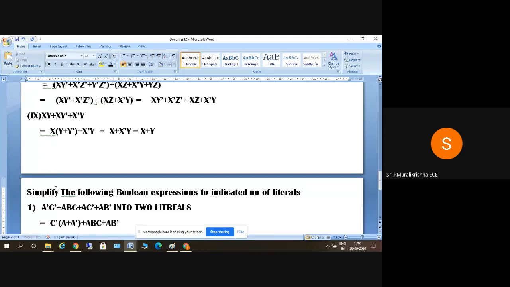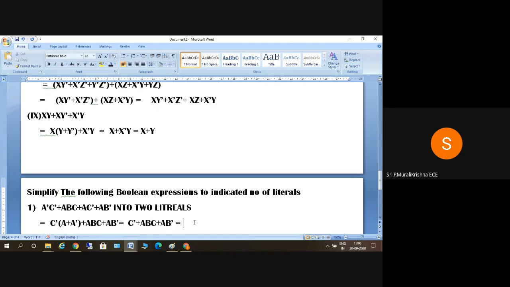If I take C bar as common here, this will be the equation: C bar plus ABC plus AB bar. Sorry, it's not ADC, it's ABC plus AB bar.